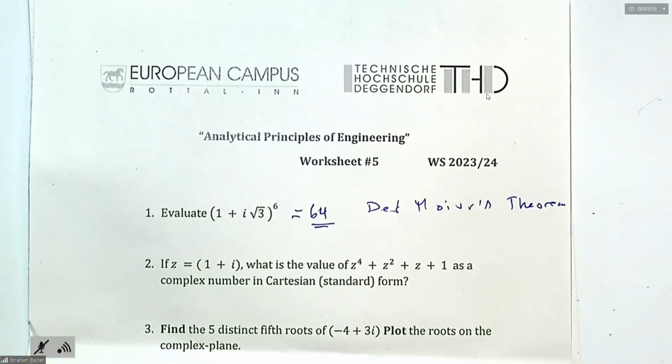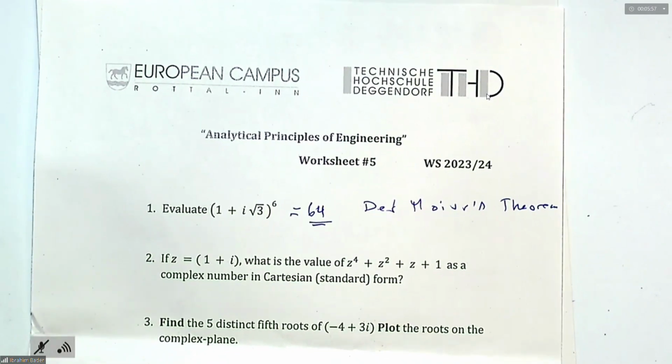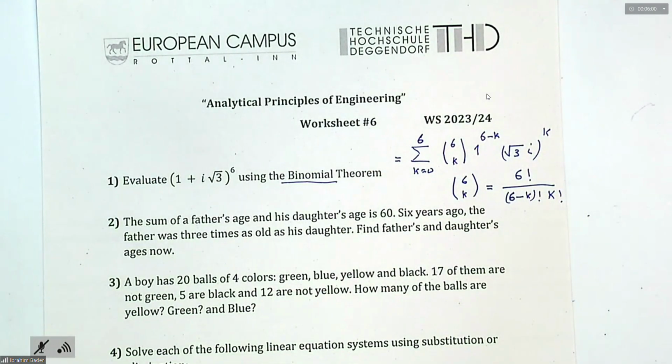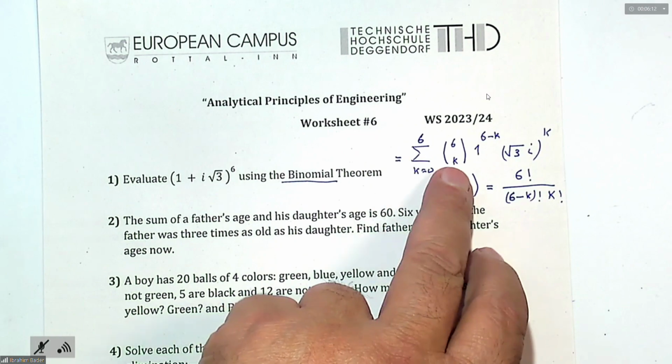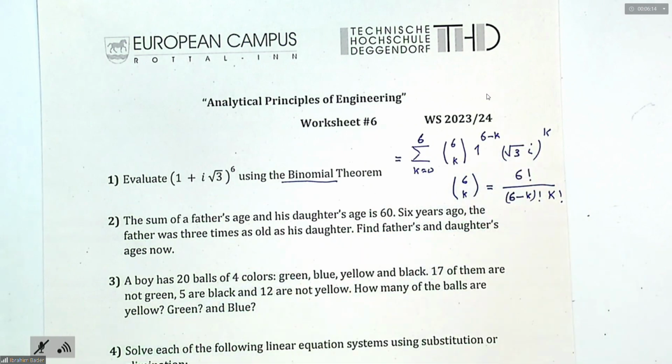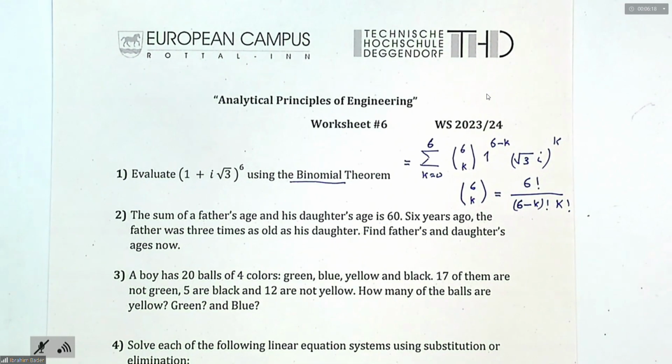So here you will evaluate the coefficients and the powers, and add them up. It's a nice exercise because k runs from 0 to 6, and it is a good exercise to evaluate i to the power 5, 3, 6, whatever.